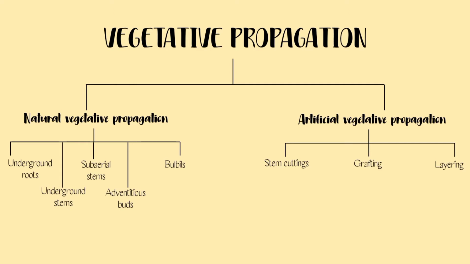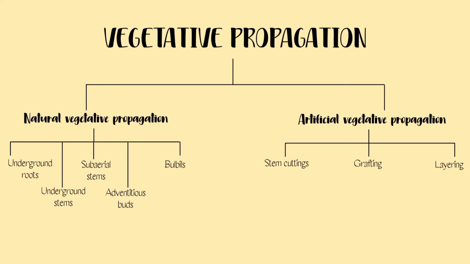You've already learned enough about the natural methods of vegetative propagation in earlier classes, which include underground stems, underground roots, aerial stems, adventitious buds, bulbils, etc. Therefore, we will mainly study the artificial vegetative propagation, which includes methods like stem cuttings, grafting, and layering.